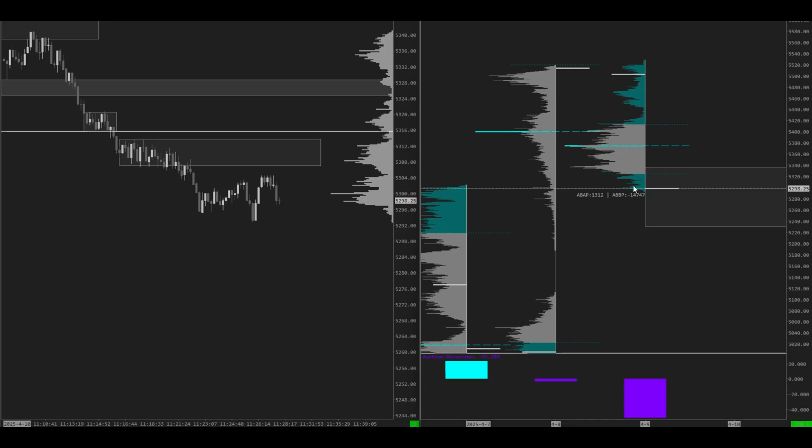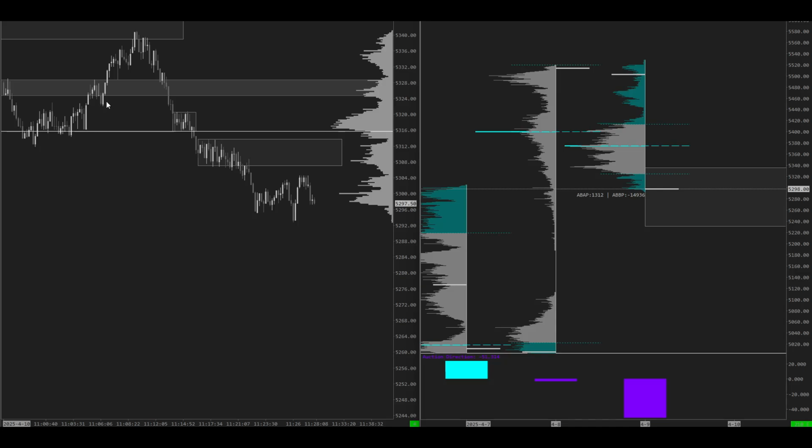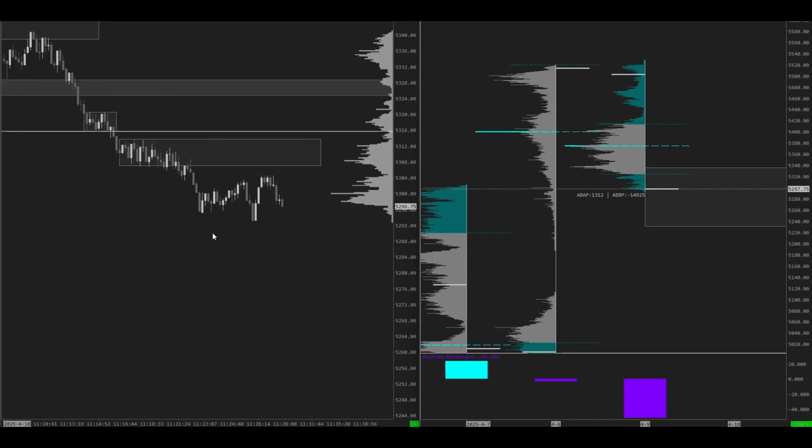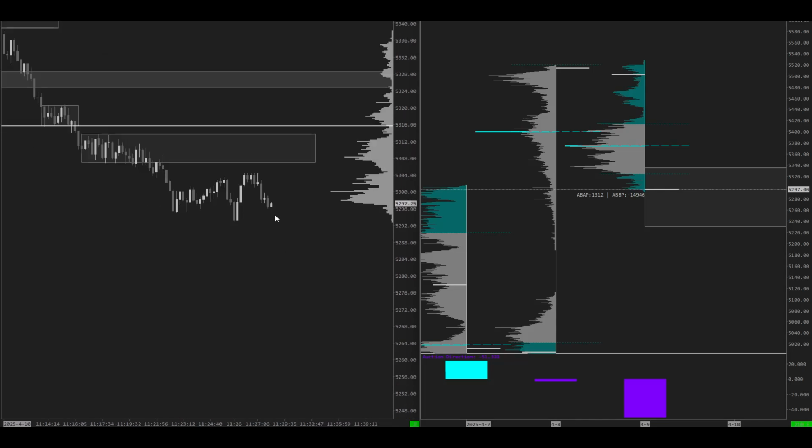Yeah, still a bearish auction distribution though. Just always building volume into the lows, and our bounces have been relatively shallow ever since that bounce, so let's see if they can flush it again.